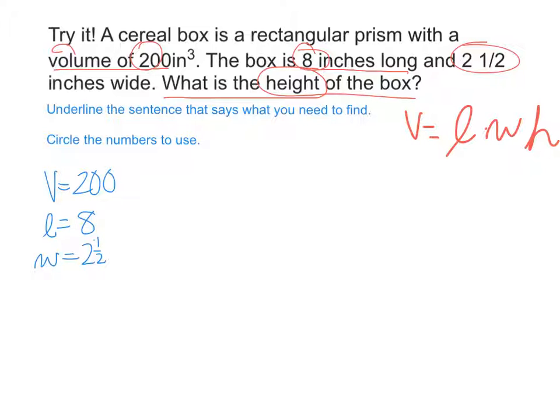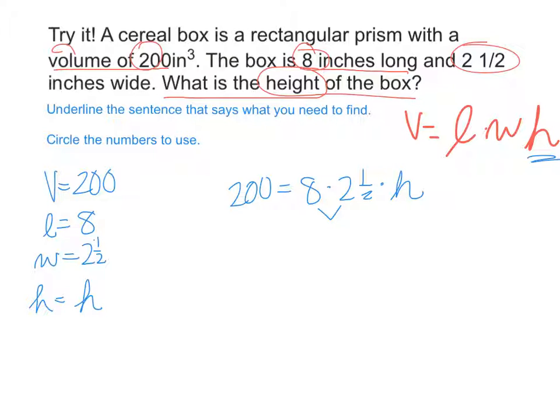My height is unknown. So now I'm going to plug those into my formula. V has to stay on this side of the equal sign. My length is 8 times 2.5 times height.